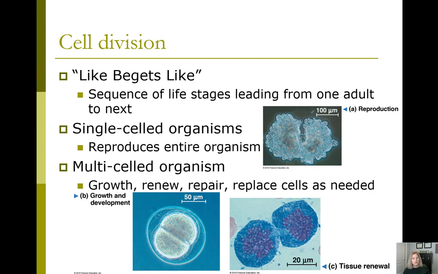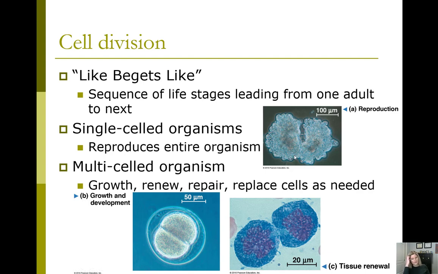In single-celled organisms, this involves reproducing the entire organism. Here's an example of something that looks like an amoeba dividing. That single-celled protist will just get bigger, and then it divides into two cells.